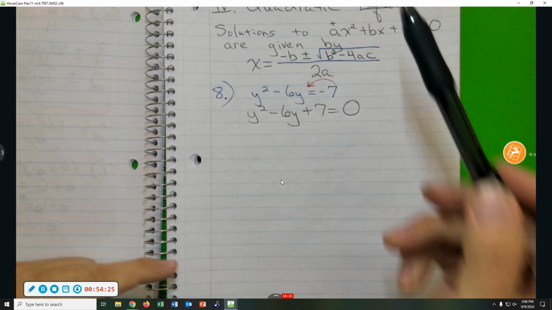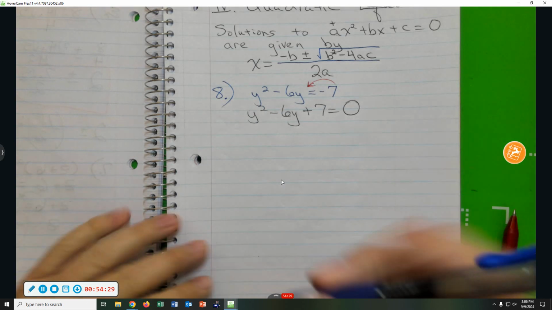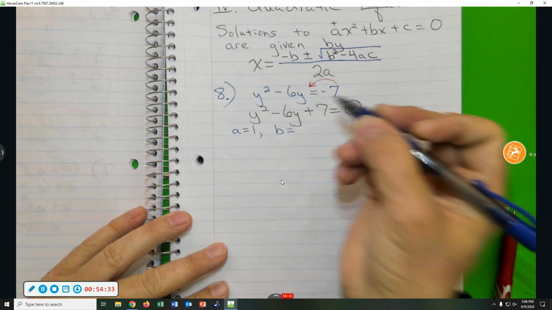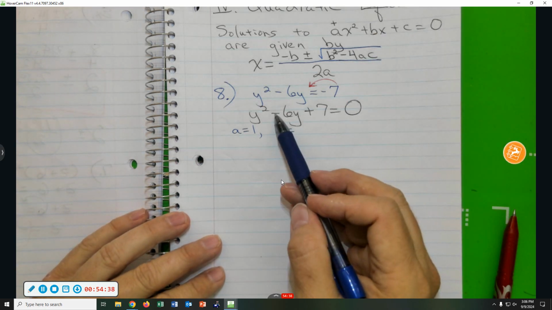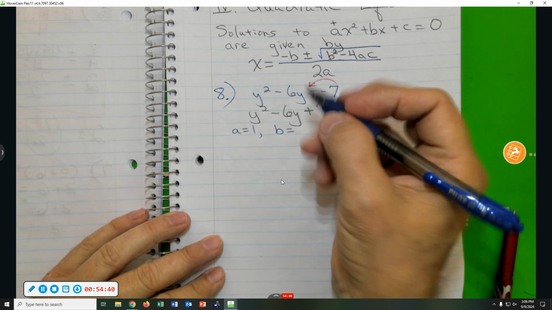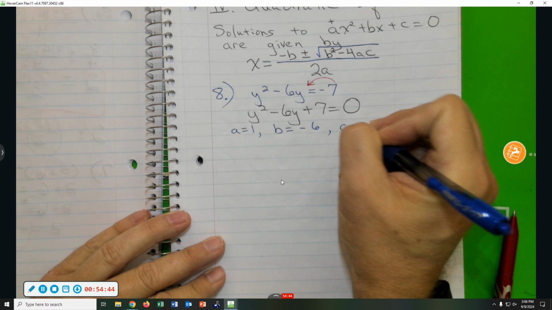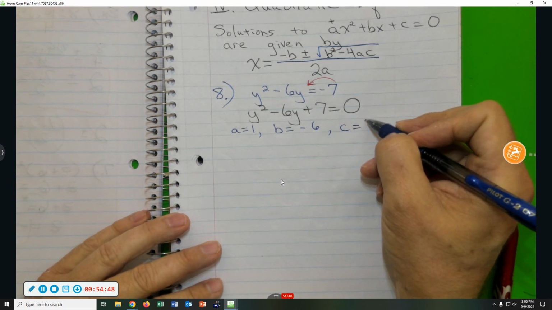A is the number in front of the square variable, so a is 1. B is the number in front of the unsquared variable. Take that sign, that's a negative 6. And c is my constant of 7.